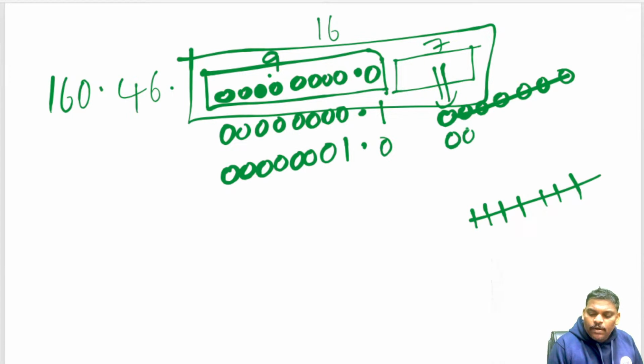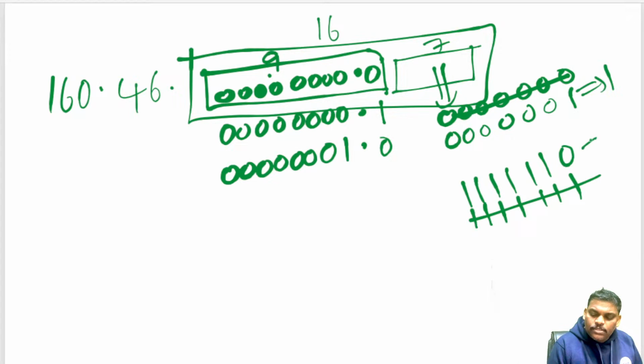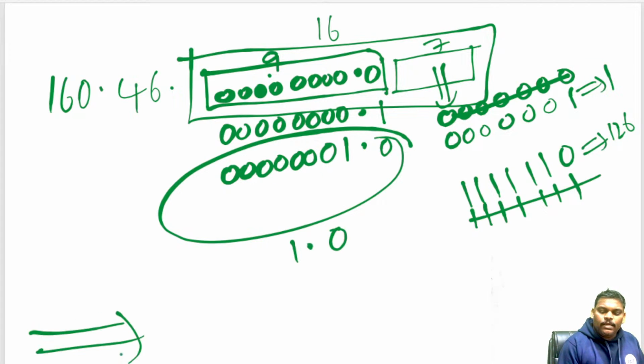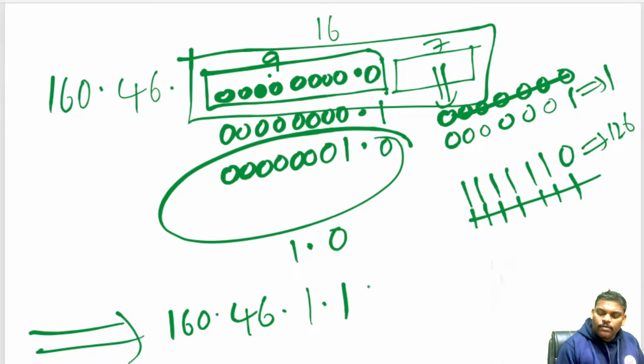Next one, all zeros followed by 1, all ones followed by zero. This is 1, this is 126. So finally 160.46.1.1 and 160.46.1.126.